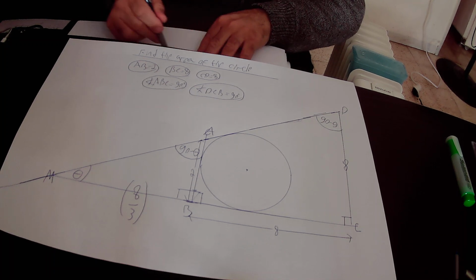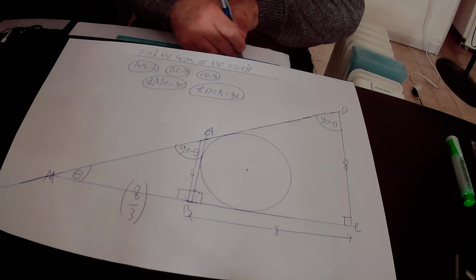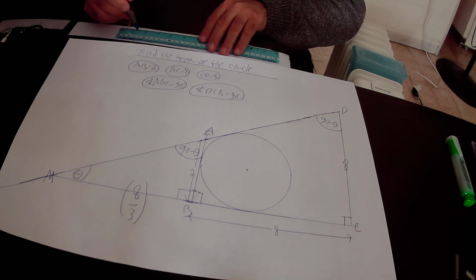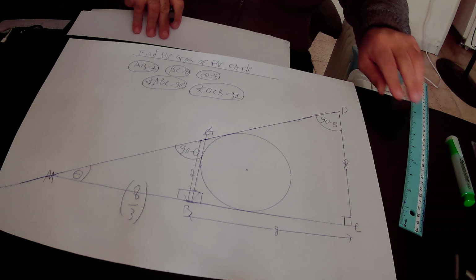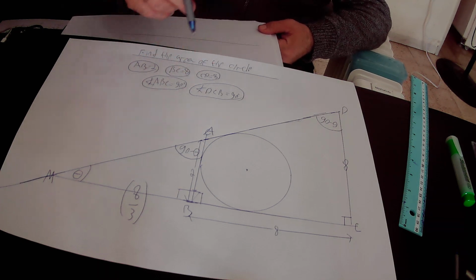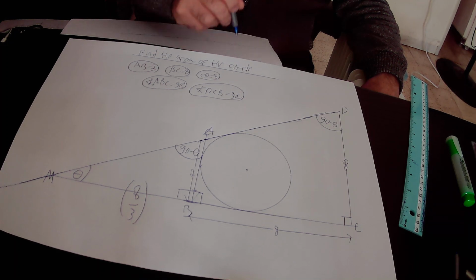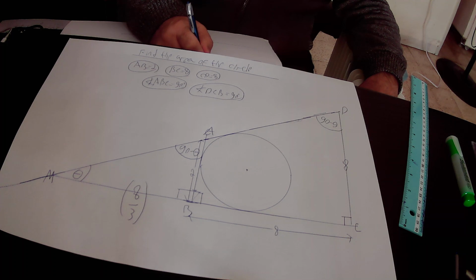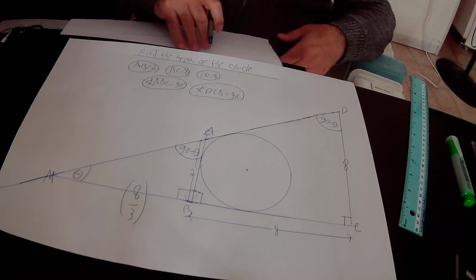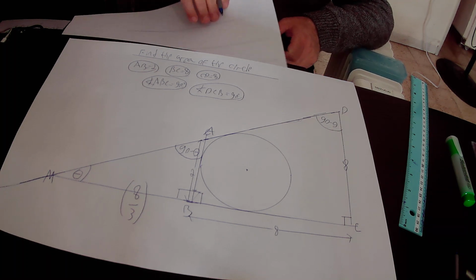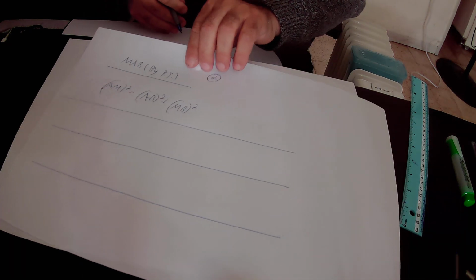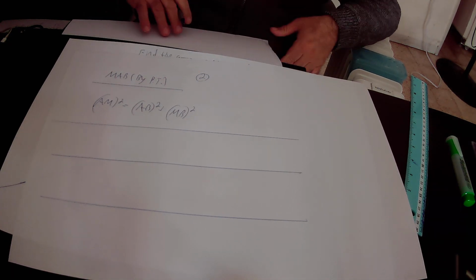According to the Pythagoras theorem, in any right triangle, the square of the hypotenuse equals the sum of the squares of the perpendiculars. The hypotenuse in the right triangle AMB is AM, so the square of the hypotenuse is AM squared, and it must be equal to AB squared plus MB squared. Repeat again: according to the Pythagoras theorem, in the right triangle AMB, AM squared equals AB squared plus MB squared.